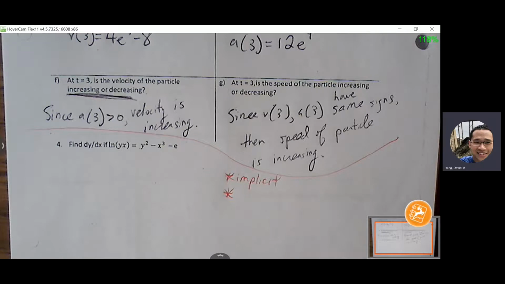Are you talking about the natural log of xy or natural log of yx? So what can we do with that natural log of yx? Yeah, so we don't want to do the derivative just yet.